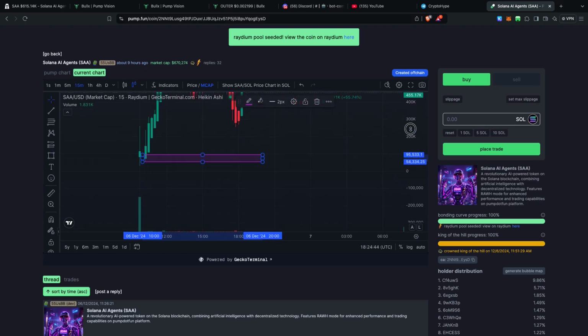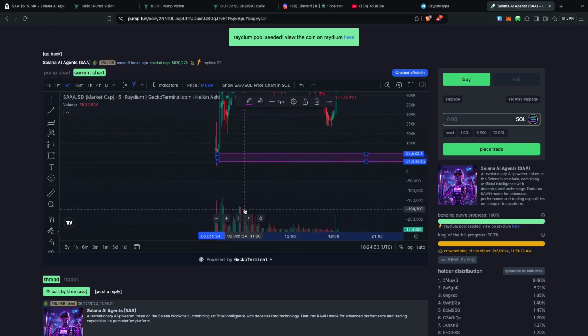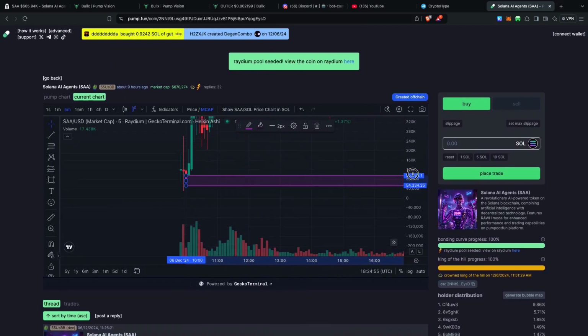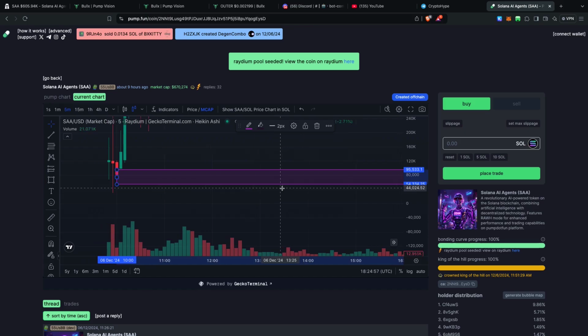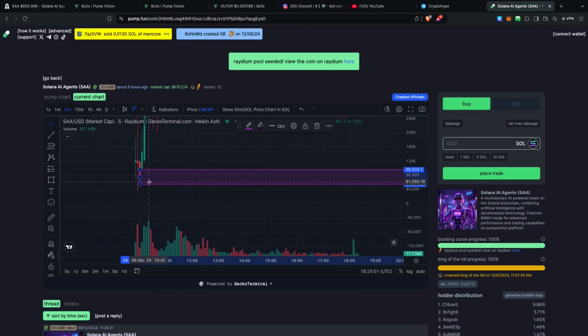So as we continue trading this one, we already know which levels are going to be crucial. From the beginning, from Pump.fun, you're supposed to know what levels are key, what levels are going to give you some sort of potential support.